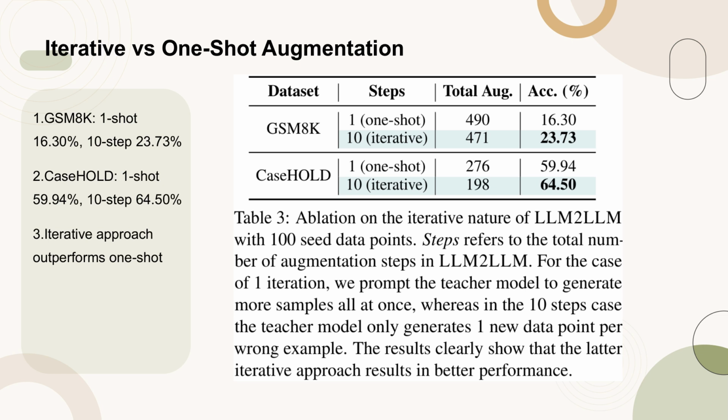Similarly, for the CaseHOLD dataset, the one-shot method reaches 59.94% accuracy, and the iterative method reaches 64.5%. These results demonstrate that the iterative approach significantly outperforms the one-shot method, justifying the design choice of generating one data point per wrong example in LLM2LLM.